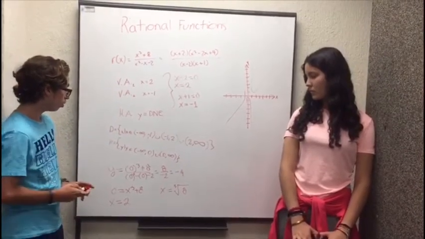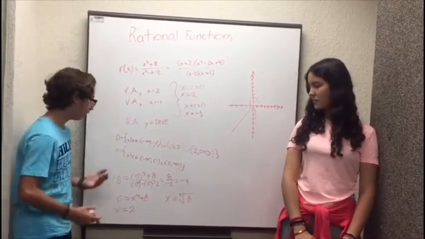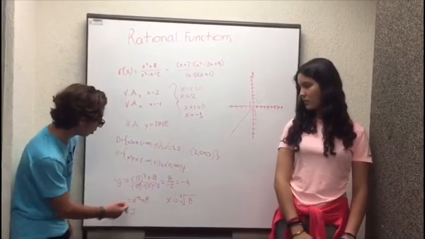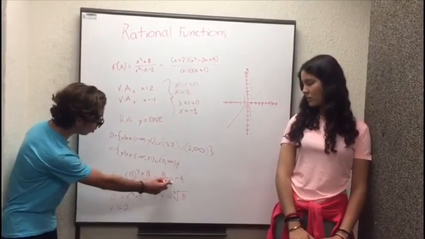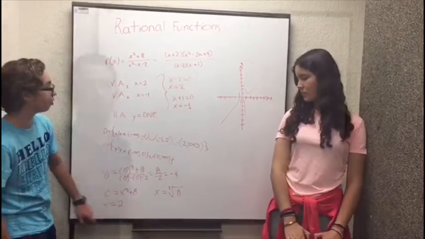Here you need to substitute 0 for x to find the y-intercept, and the inverse for the x-intercept. So here we found that the y-intercept is minus 4, and the x-intercept is 2.